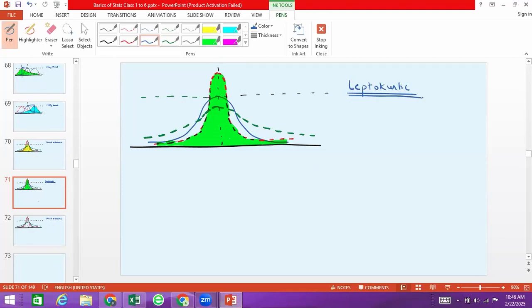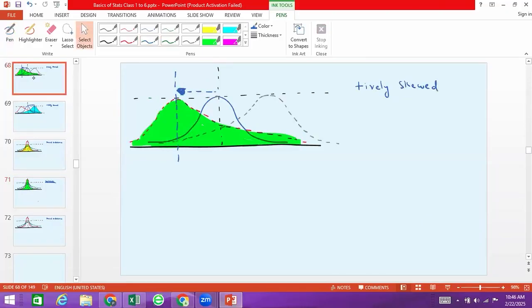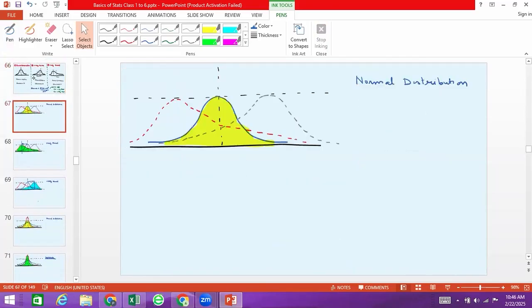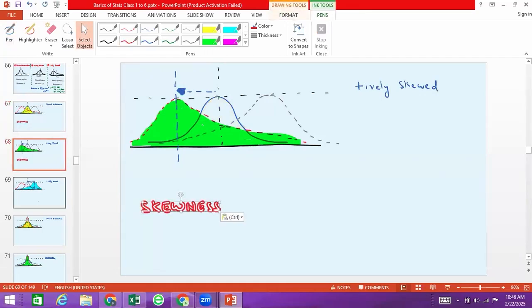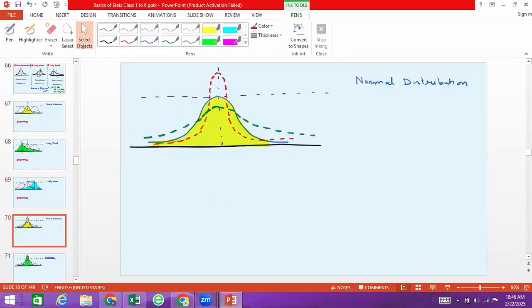Again, no need to remember the formula as such. You should know that there are mainly two types of distortion possible from the normal distribution. One is skewness: in case of skewness, the peak moves in the horizontal direction. And when the peak moves in the vertical direction, that kind of deformation is called kurtosis.